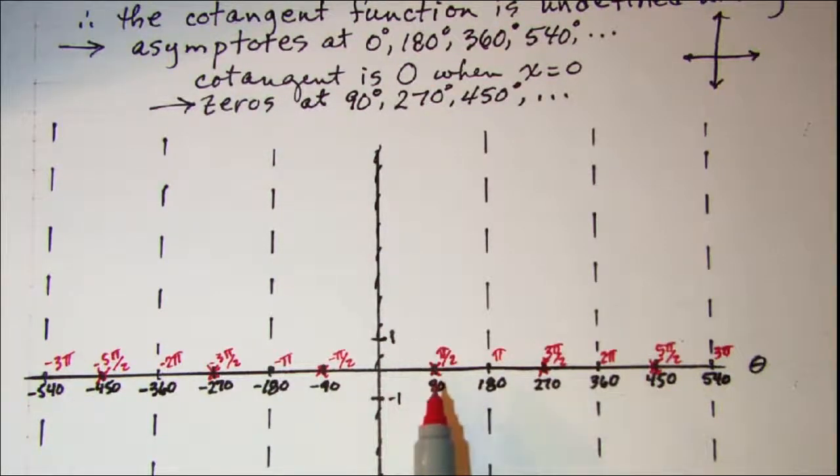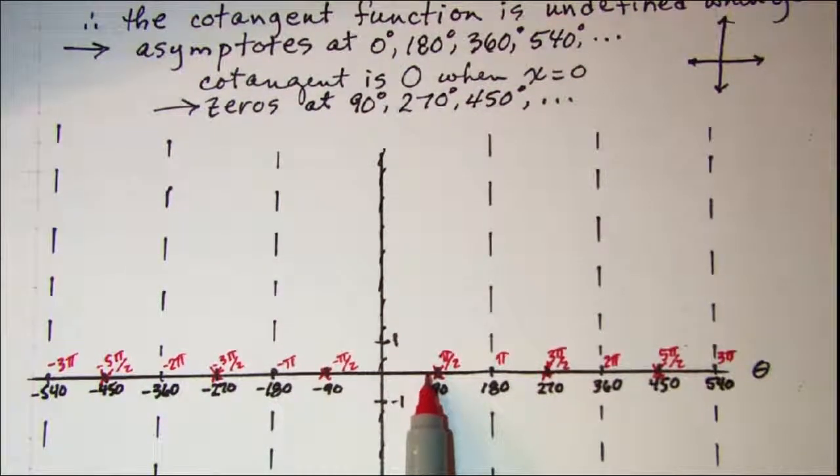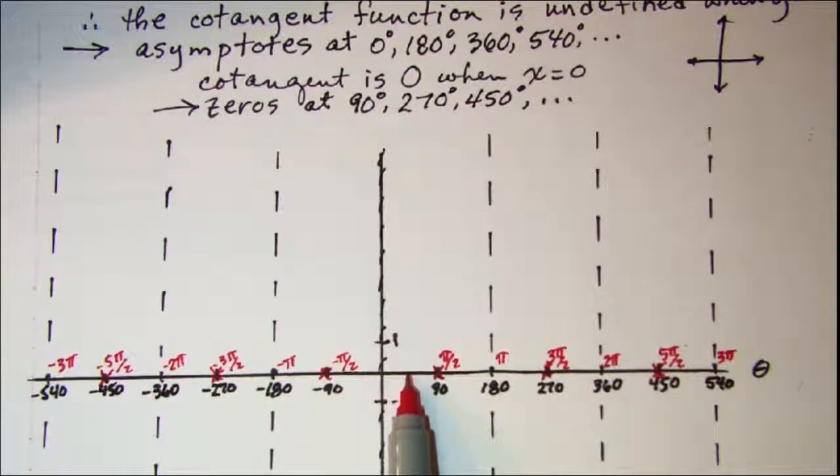Now what I like to remember is cotangent and tangent are reciprocals of each other, so they have the same sign, which means that in quadrant 1, which is this space right here from 0 to 90 degrees, the tangent is positive and the cotangent is also positive.